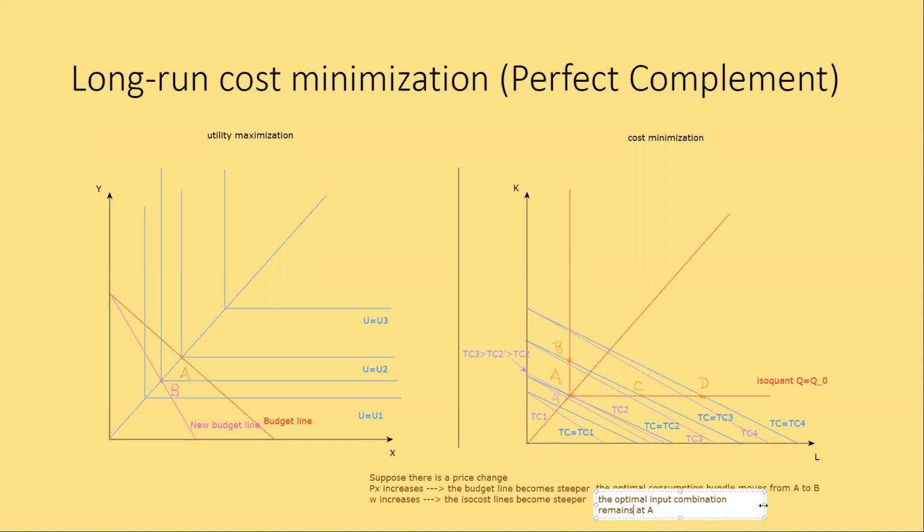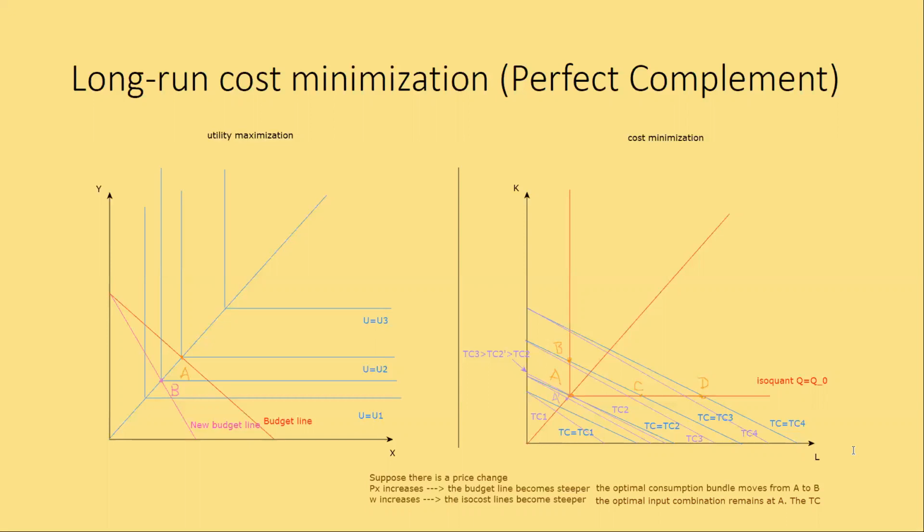It does not change. And the ultimate total cost that the firm has to incur will increase, in this case from TC2 to TC2 prime.